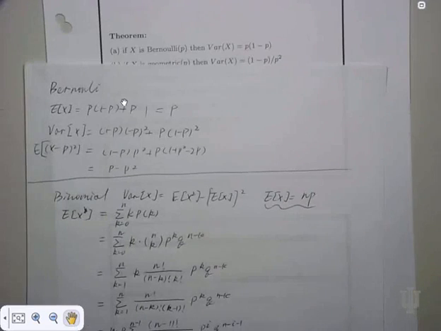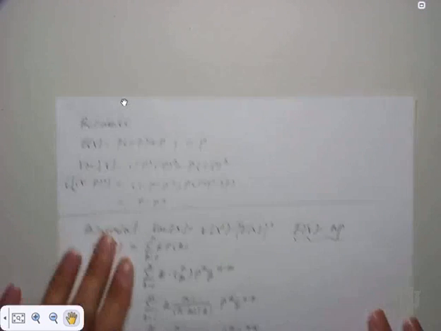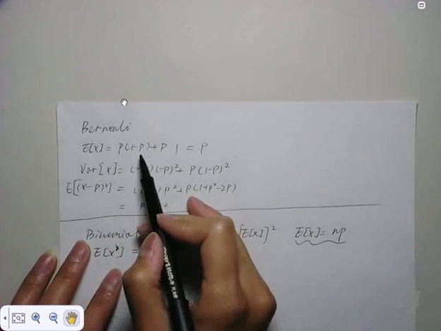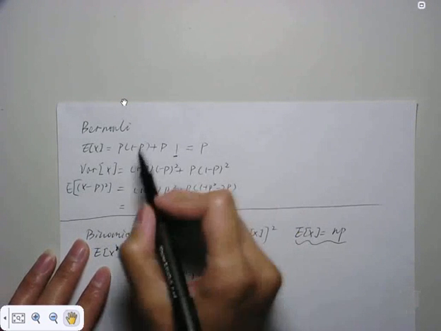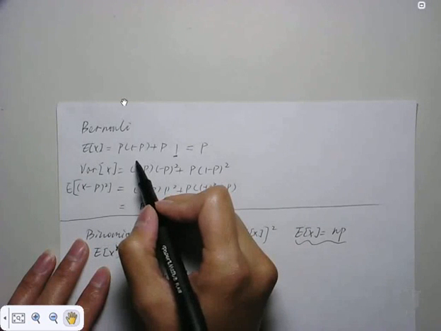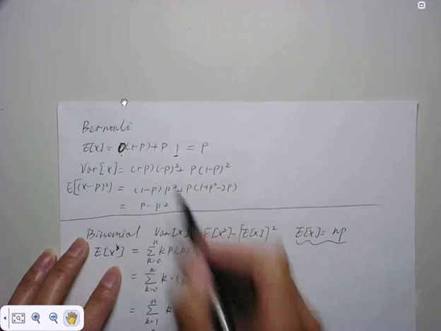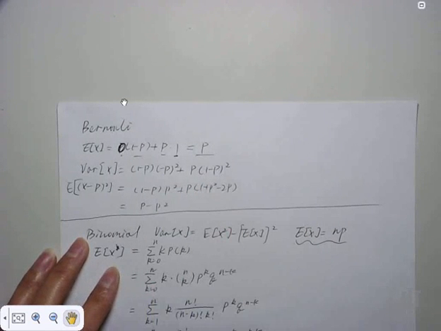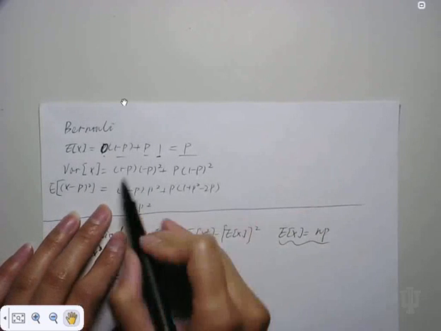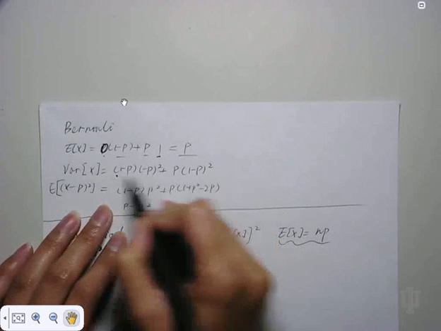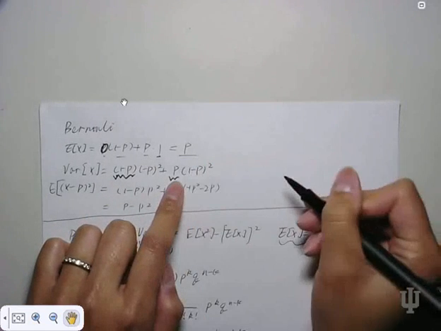We know the Bernoulli expected value is pretty straightforward, because it can only take on the value 1 or 0. I made a mistake here. So the expected value is p, and if you calculate the variance, it will just be the probability of being 0 and the probability of being 1.